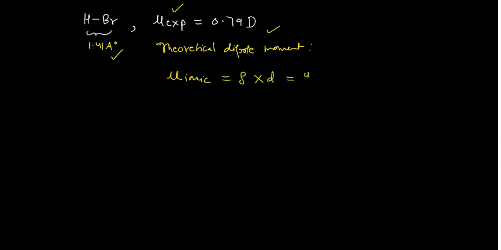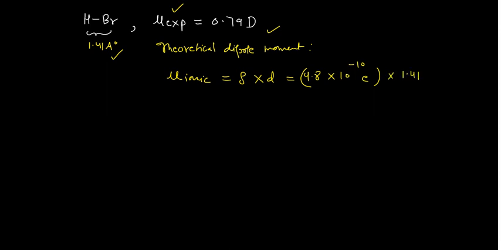Okay, and charge, you need this in Debye. So first of all, you will write 4.8, which is the rule of thumb, multiplied with 10 raised to the power minus 10 ESU, the electronic charge. This is the charge separation actually. And you have the bond distance D, which is 1.41 angstrom.